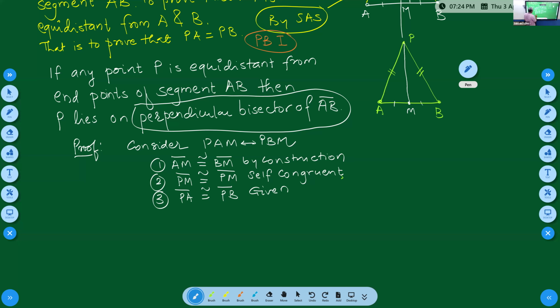Therefore, triangle PAM is congruent with triangle PBM by SSS.